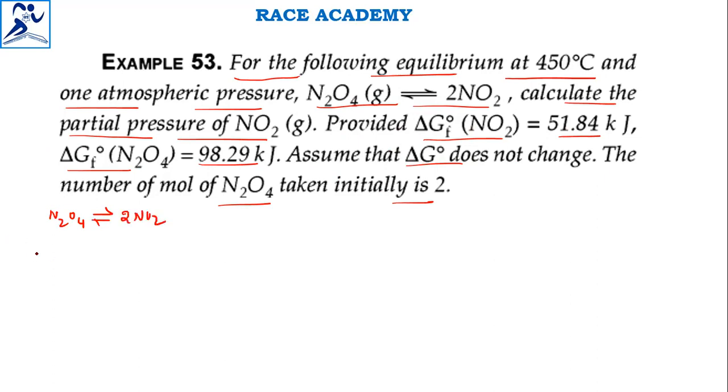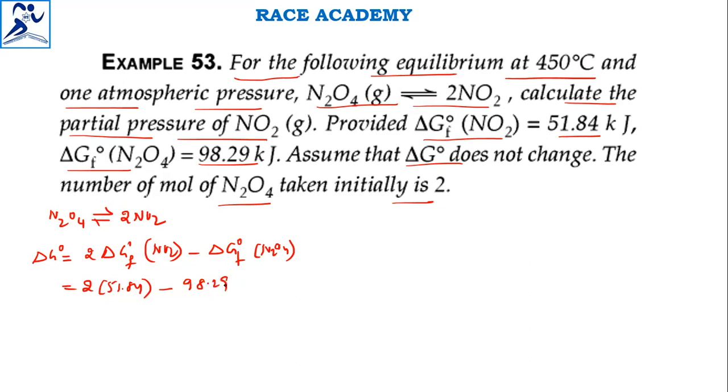for this the delta G naught equation is 2 into delta G naught of formation of NO2 minus delta G naught of formation of N2O4. Substituting the values from the problem, 2 into delta G F naught of NO2, which is 51.84, minus delta G F naught value of N2O4, which is 98.29 kilojoules.